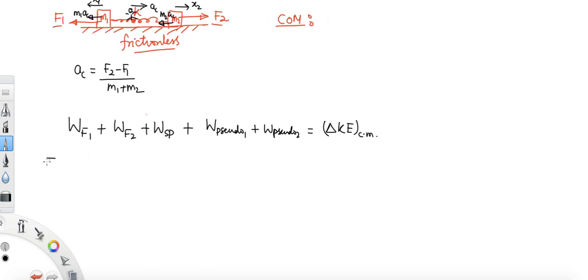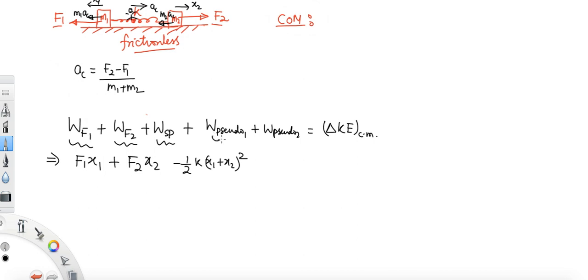The work done by F1 is F1 times x1, because force and displacement are in the same direction, plus F2 times x2. This is the work from the center of mass frame. The work done by the spring force will be negative half k (x1 plus x2) whole squared, the same as from the ground frame.